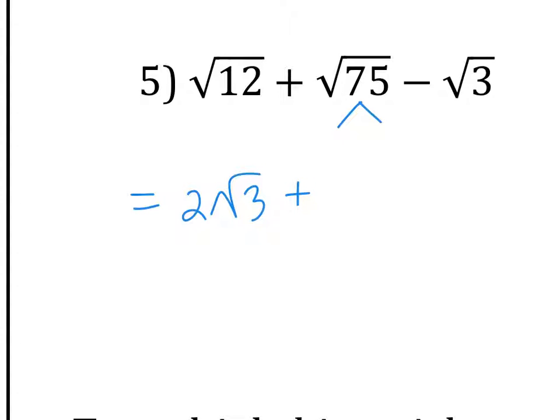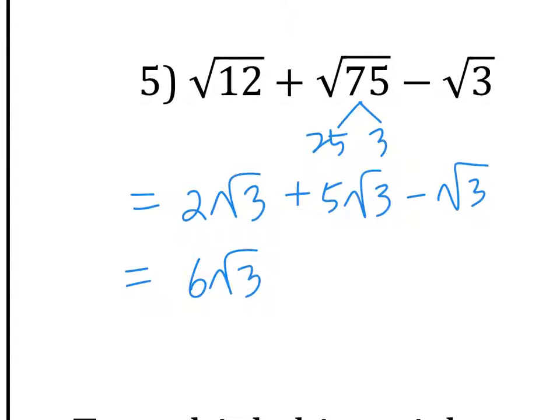For 75, just think perfect square. What's a perfect square times another number for 75? 25 and 3. So this is 5 root 3 and then square root 3. So now we get 6 root 3. So the bottom line is you really need to simplify first before you do anything in radicals.